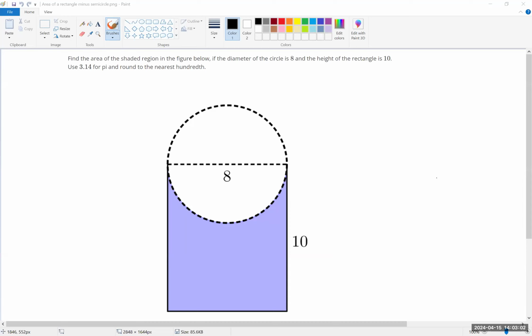So the very first thing we're going to do is find the area of the rectangular region, and it might be helpful to just do a quick shading of the rectangular region, which is this area.